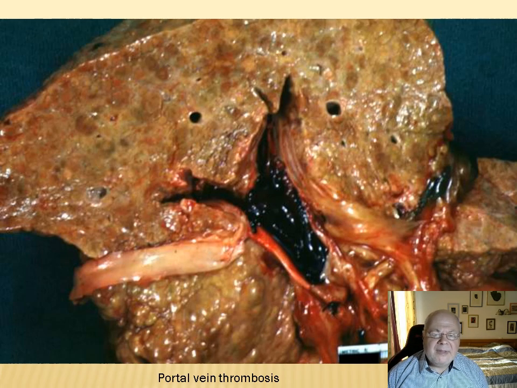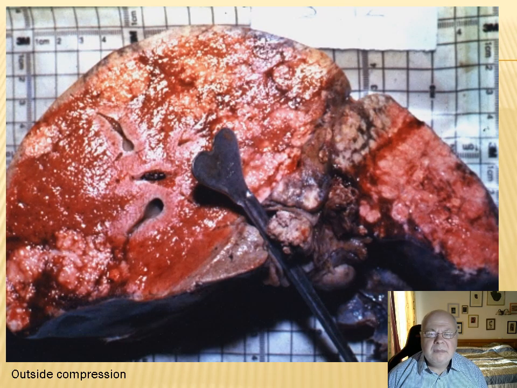Here we have a portal vein thrombosis as an image, not mine. But here is one of my images, from, I remember very well, a case of a 14-year-old girl who died with a hepatocarcinoma, meaning a cancer of the liver.